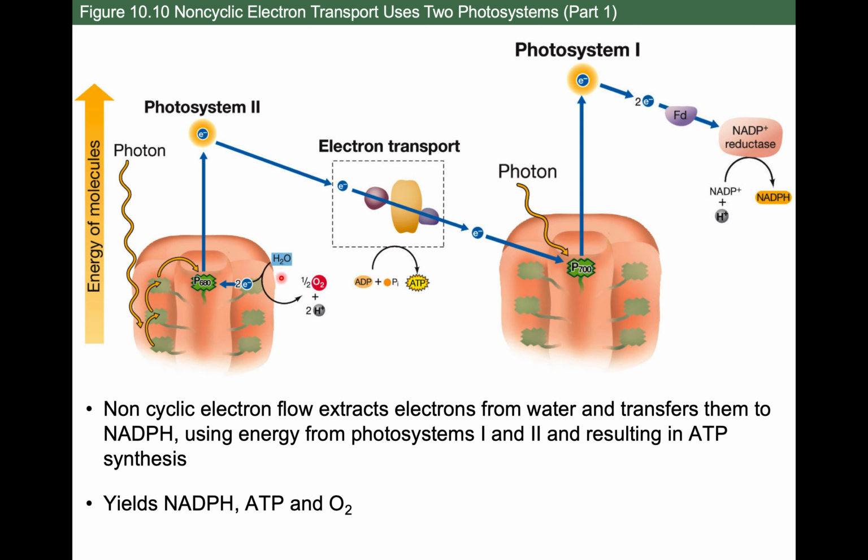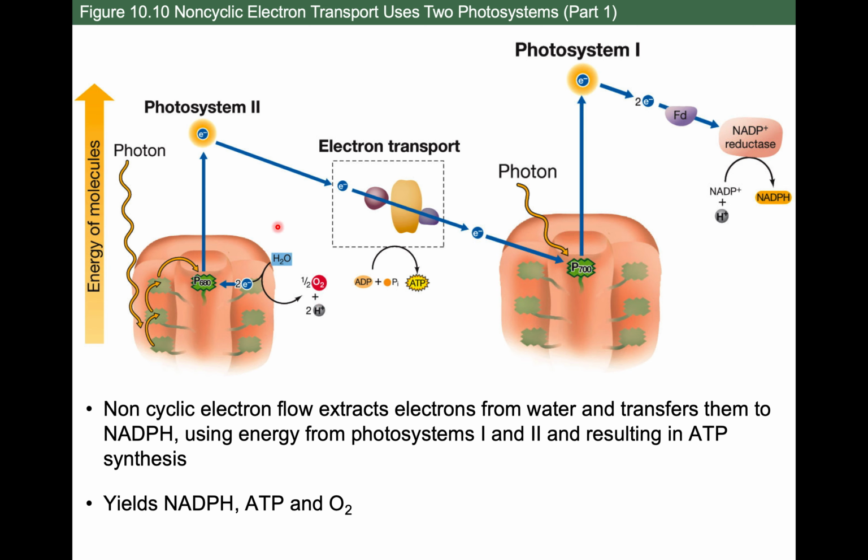It will split the water molecule, take some of those electrons and donate those to the reaction center to replenish those electrons that were being lost. In the process of splitting the water, we end up with some hydrogen ions, but more importantly for us, we end up with oxygen, right? So this is just a byproduct of photosynthesis, but it's obviously key for our cells to function, right, for cellular respiration.